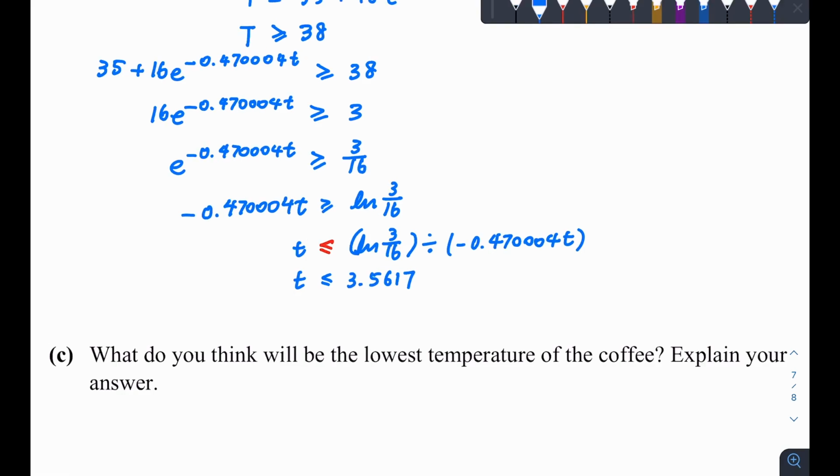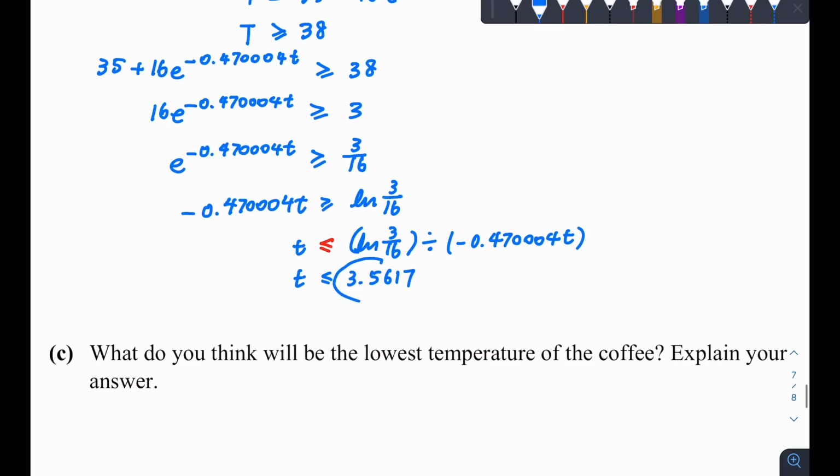Okay, so over here, because we want to be at least 38 degrees, anything after 3.5 hours will be below 38 degrees, right? And for it to be above 38 degrees, we will need t to be roughly 3 hours.